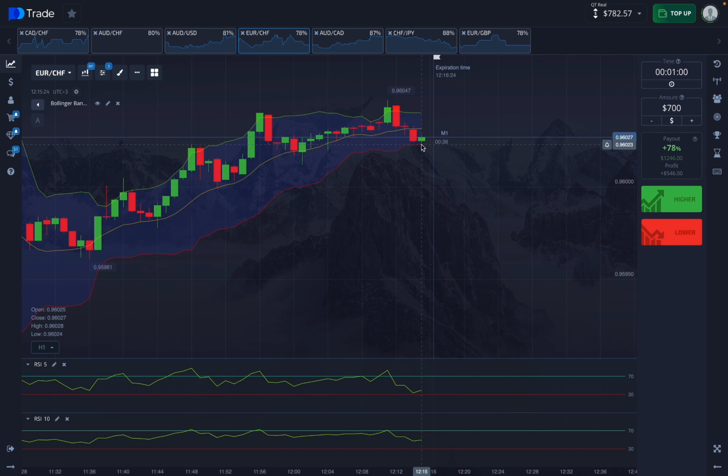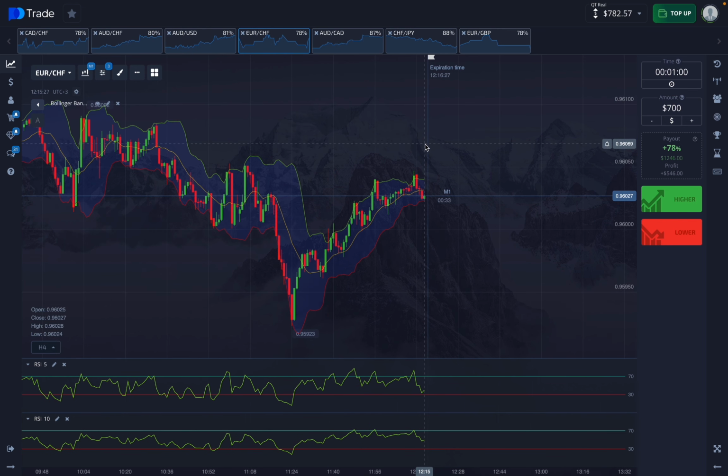We'll continue to select the next currency pair, and let's open a deal here for an increase.